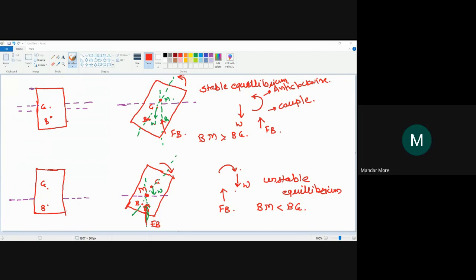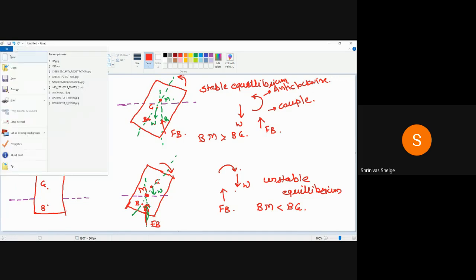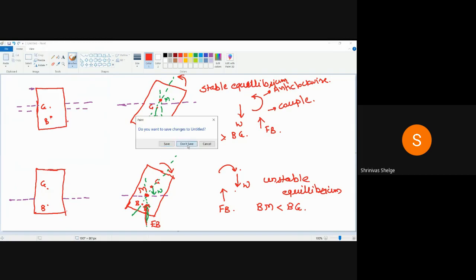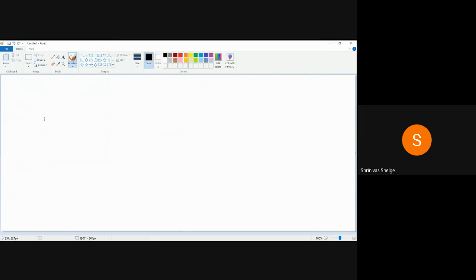Sir, they coincide with each other. Yes, obviously they will coincide with each other. Correct. So I will explain that point also. Suppose the body is like this one, correct?